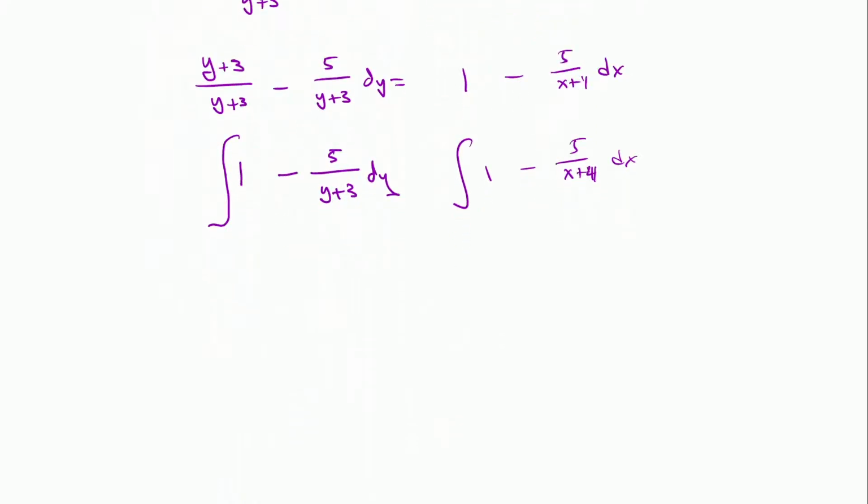Integral of 1, easy, y. The integral of 5 over y plus 3. Hopefully this isn't too surprising. I'm technically using u substitution, but I don't want to write all the u's down.